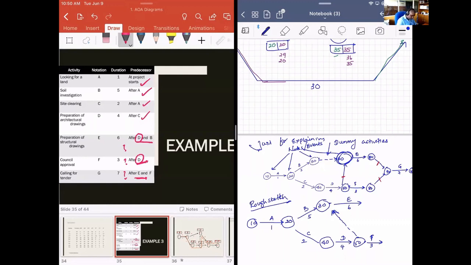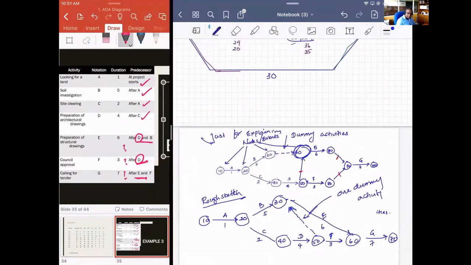And G should finish after E and F. So if I draw something here, E can be connected here directly, because there's no activity that can start only after D. There's only one dummy activity.